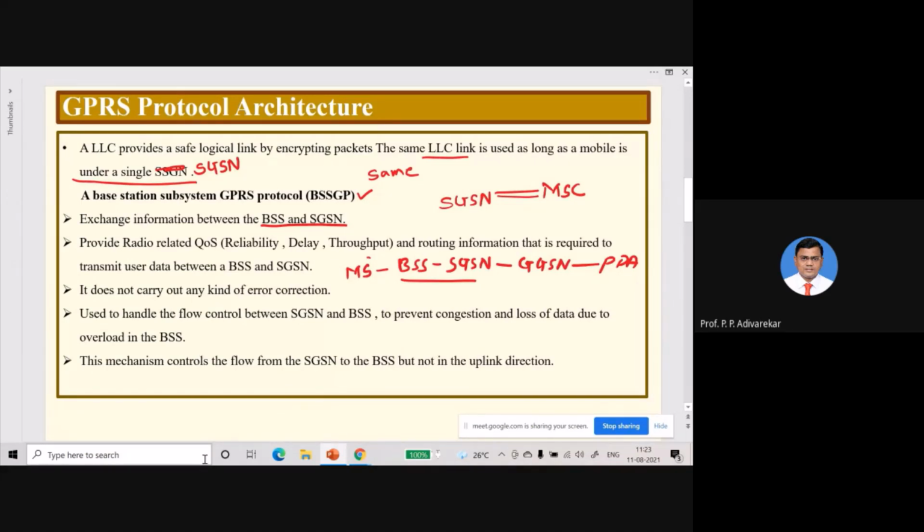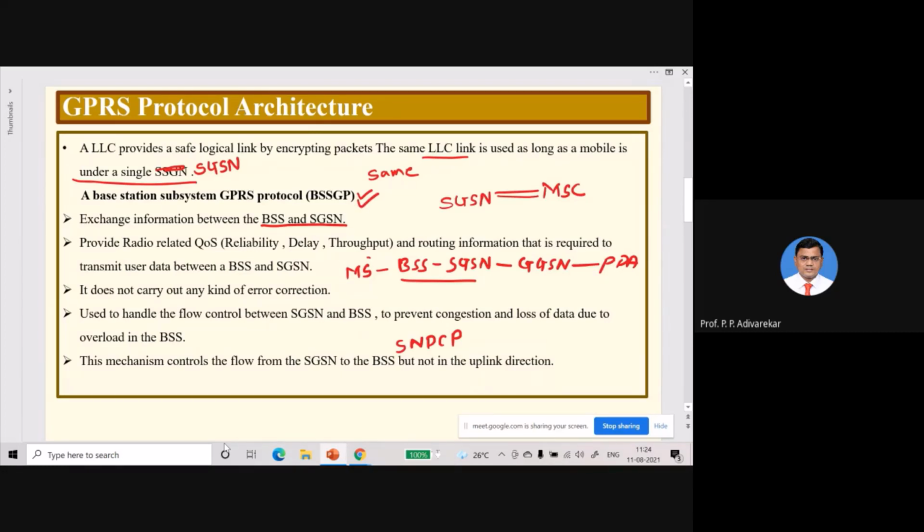The data formats for BSSGP are compatible for mobile handsets, and that format is obtained via SNDCP, as we have just seen in the previous slide. But it should provide the minimum required quality of service, that is the reliability, delay, and all other quality of service parameters required for the radio interface, and that is maintained by BSSGP.